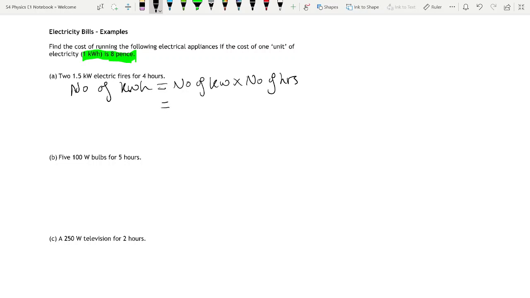For this one, because there's 2 of them, we'll work out what 1 is and then we'll times it by 2. So for 1, it is 1.5 kilowatts, so number of kilowatts 1.5 times by number of hours, which is 4 hours. And that is 6 kilowatt hours.